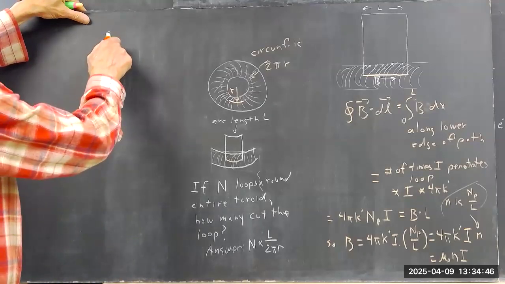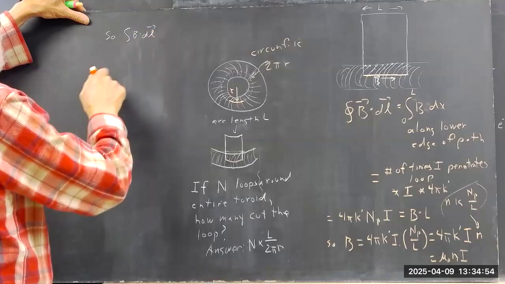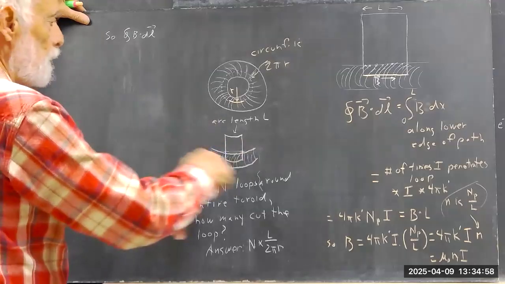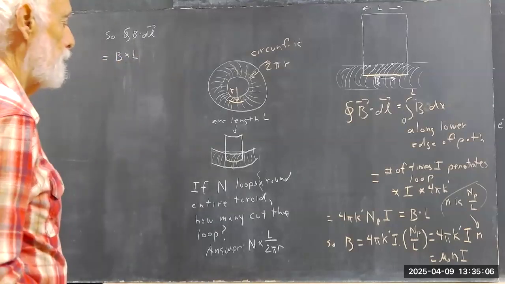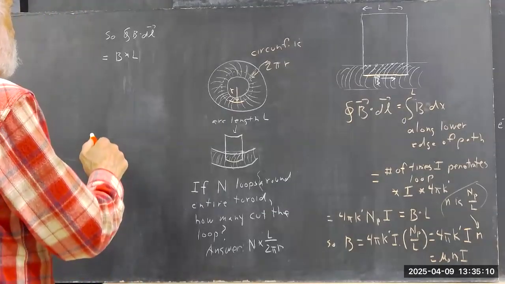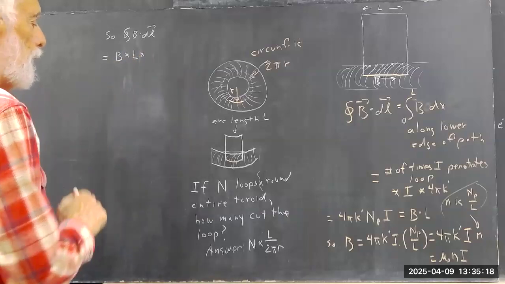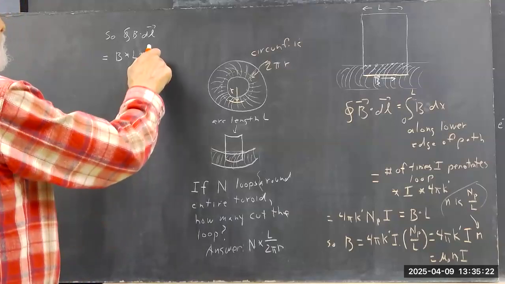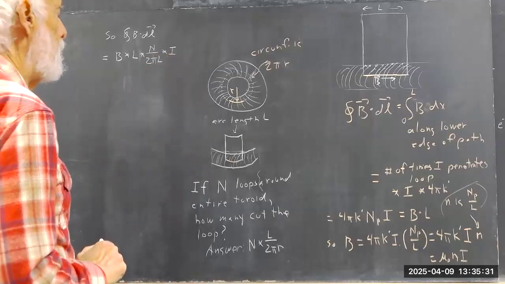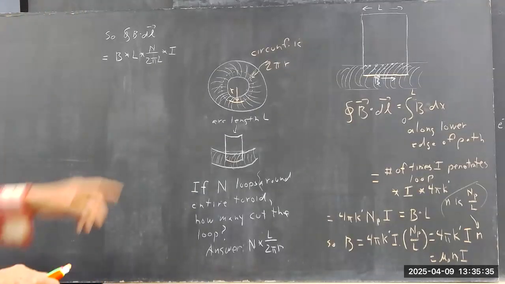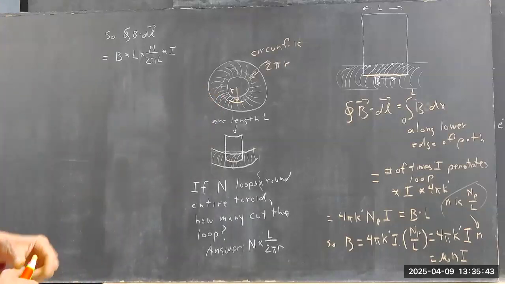So the integral of B dot dl around the entire loop, analogous to what we said here, is just B times L times the total I, where now I isn't the total current penetrating the loop.